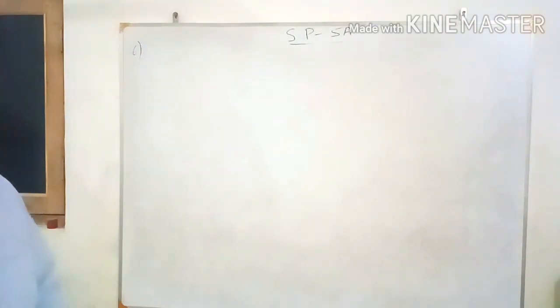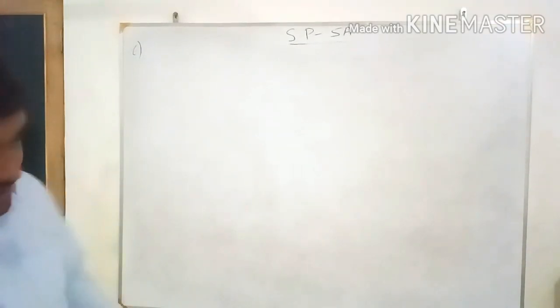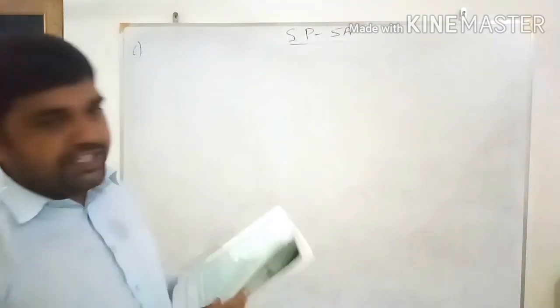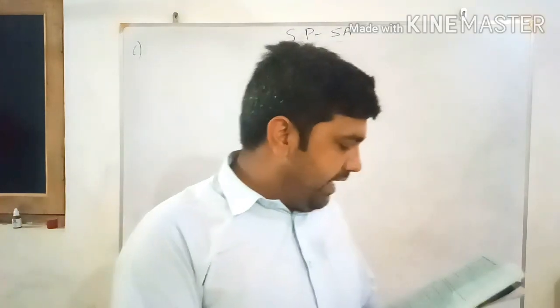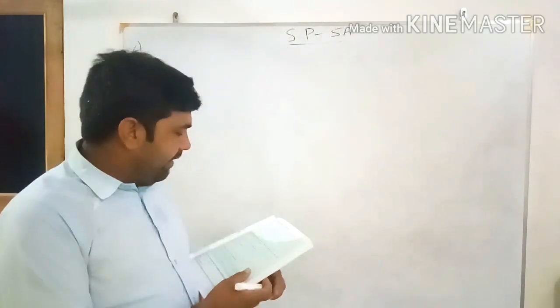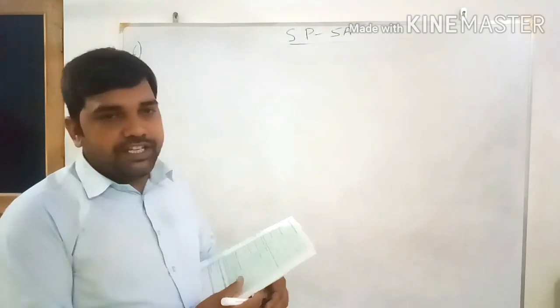Now see question number 6a. Question number 6 is: arrange the given polynomials in the order of decreasing degree in x. Here we have to arrange the given polynomials in the order of decreasing degree in x.